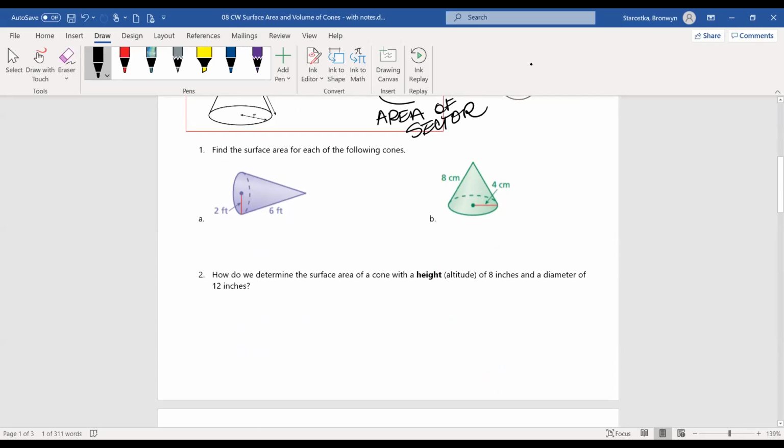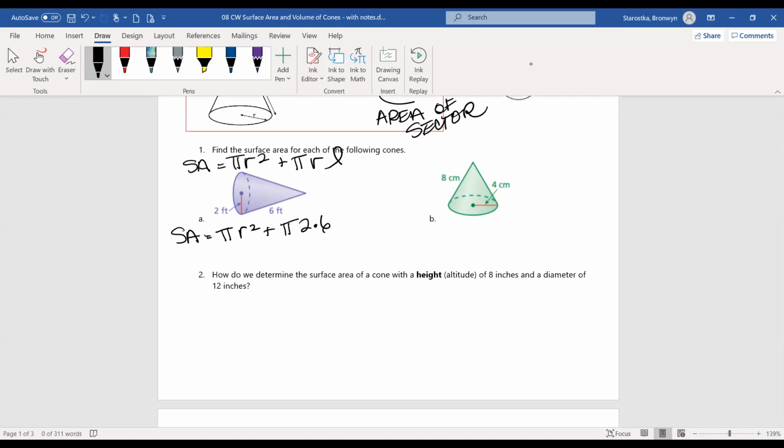We're going to find the surface area for each of these cones. So remember, surface area, pi r squared, the area, plus pi RL, the sector. So our surface area is pi 2 squared plus pi 2 times 6.